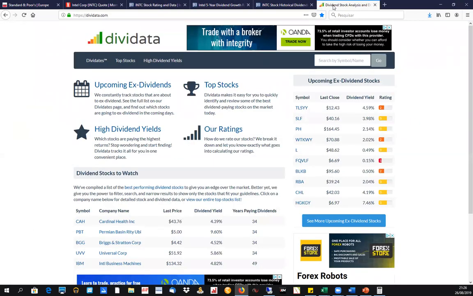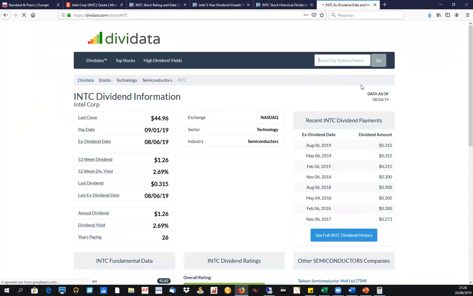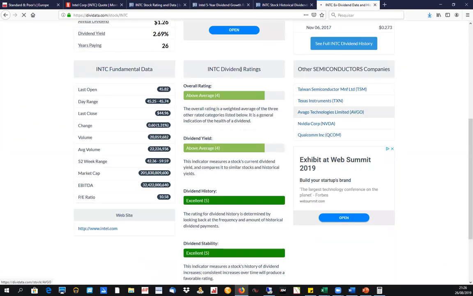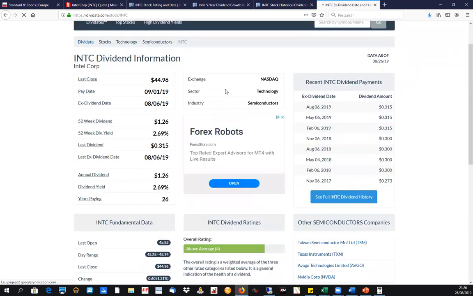If you insert the ticker, Intel, here we go, it will give us full detail about the company dividend. Really easy website, very clean.